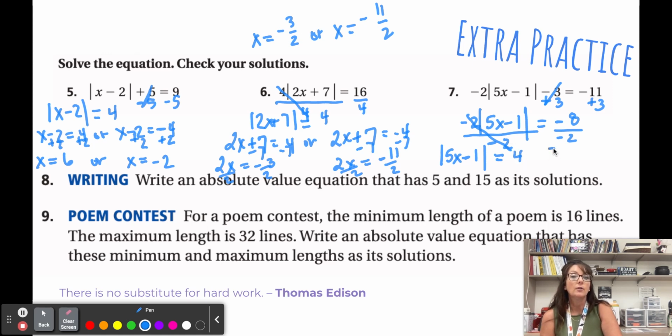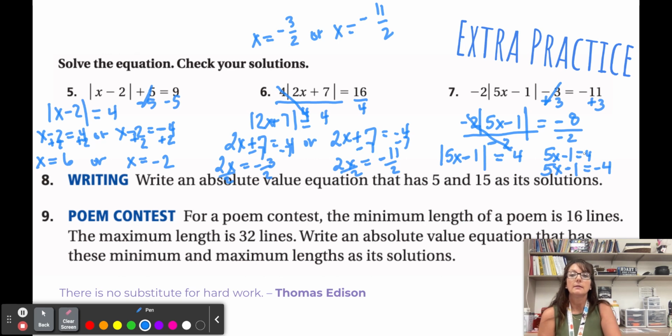Because we can solve 5x minus 1 is equal to 4, or 5x minus 1 is equal to negative 4. Okay? So I'm going to go ahead and make a multiple choice question. You let me know what the two values of x are, even though I've worked it all the way to that point for number 7. Okay, and you can just finish that problem.